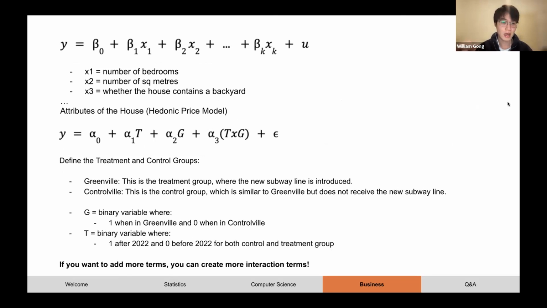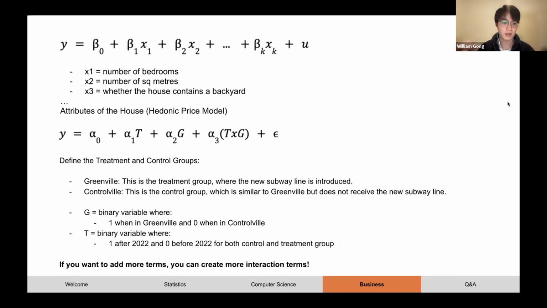And u is the effect of all other factors. If you're a bit more math savvy, we want the covariance of x and u to be 0, so there is no relationship between the predictors x and the other effects u. That is our first equation, for the hedonic price model.